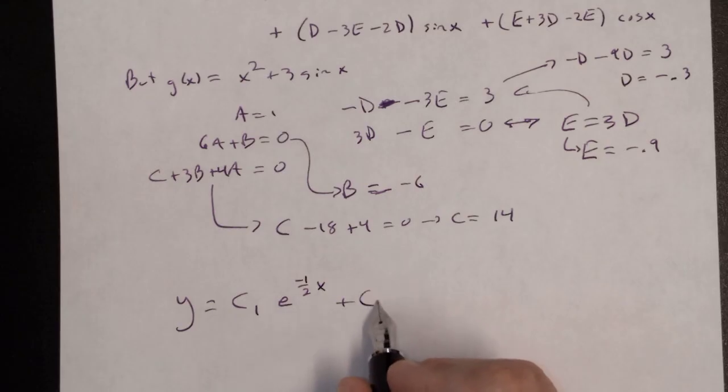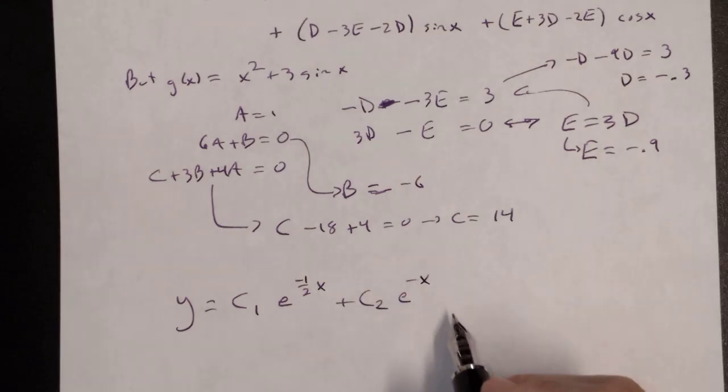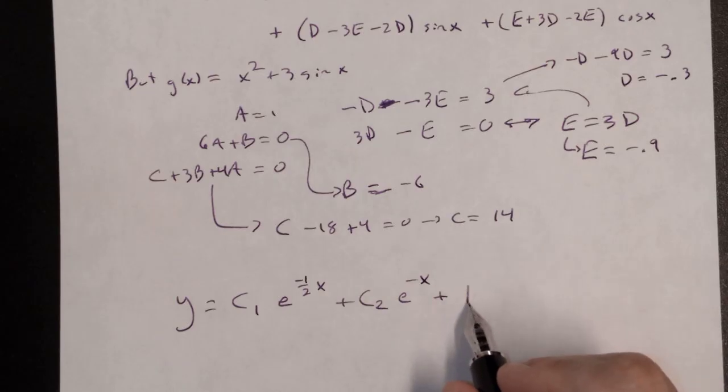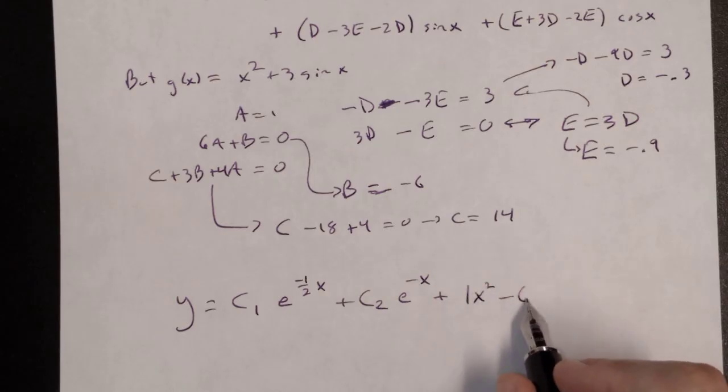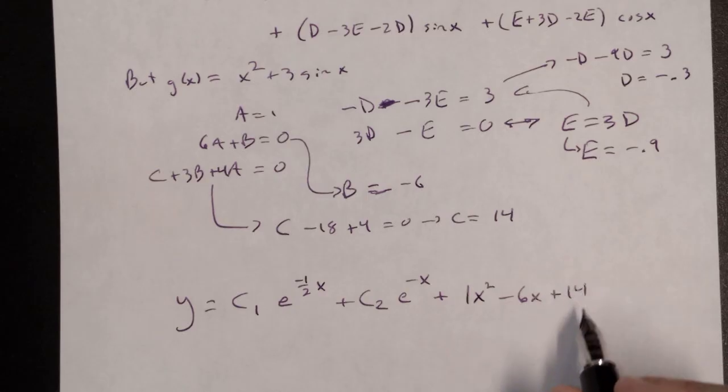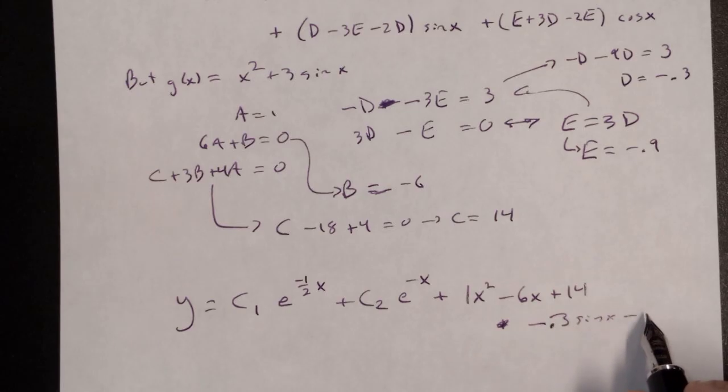And then it was C2, and then it's plus AX squared plus BX plus C plus D sine X plus E cosine X. No, it was going to be a plus, but I realized it was plus a negative. So ignore that part. I started to write a plus sign. It's a minus sign. Phew.